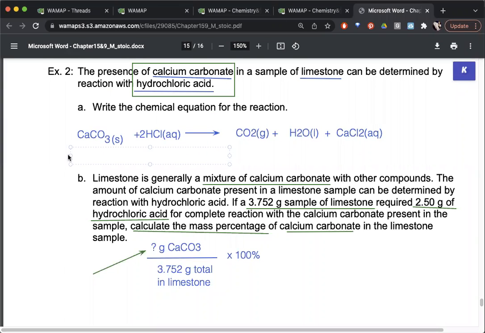We need to know how many grams of calcium carbonate if it took 2.50 grams of HCl. And I was wondering, why did we give it grams of HCl? Probably just to be consistent and easy, and maybe you haven't gotten to chapter 15 with molarity yet. But this would be a bit easier if it was molarity and volume. Right, but here we're going to have a mass, so we'll just need to do our molar mass instead.